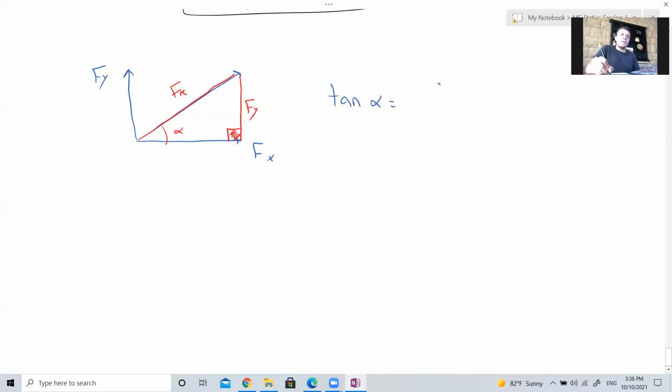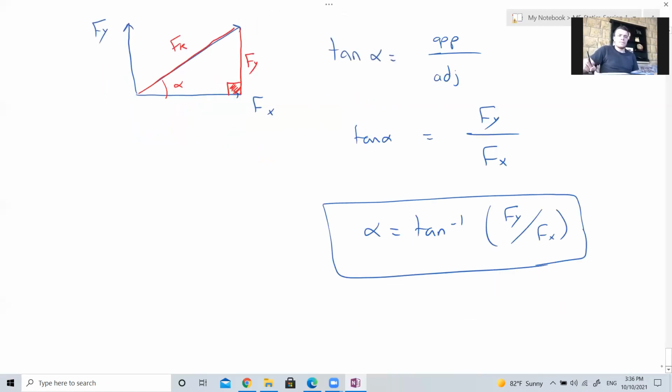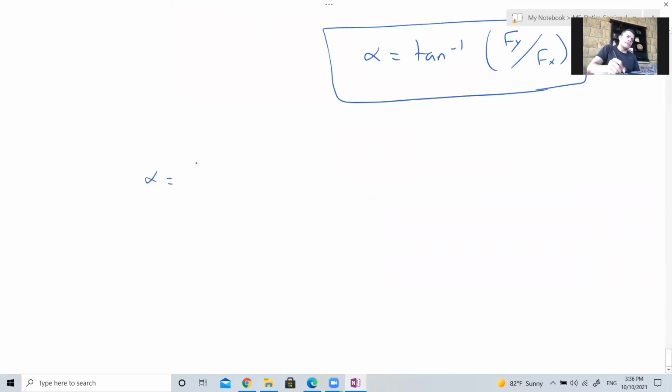Tangent of alpha is opposite over adjacent, which is Fy over Fx. So alpha is tan minus 1 of Fy over Fx.